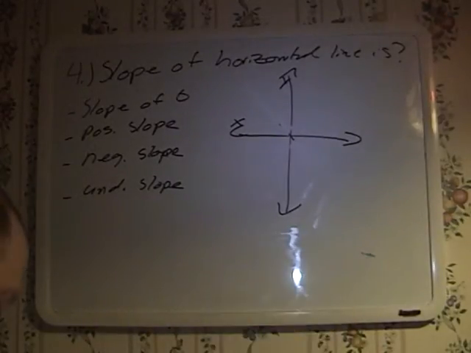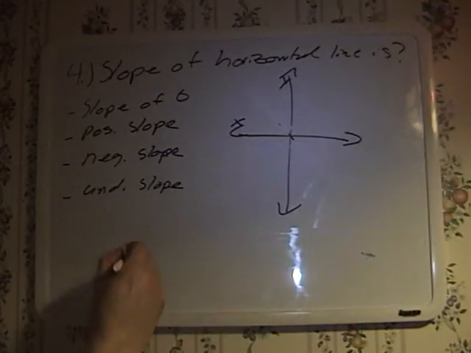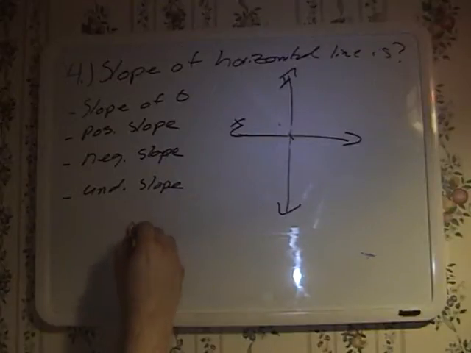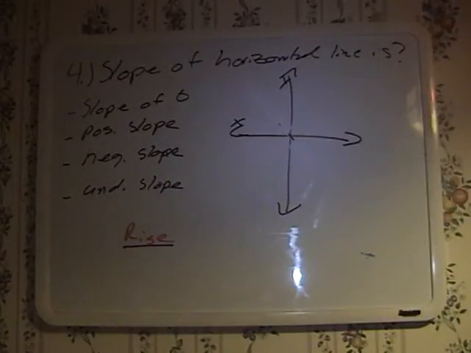When we look at slope, it looks like a fraction. And it breaks down like this. Rise over run. And what this is telling us is how quickly it's moving up or down and how quickly it's moving left or right, with positive being up and negative being down, positive right, negative left.